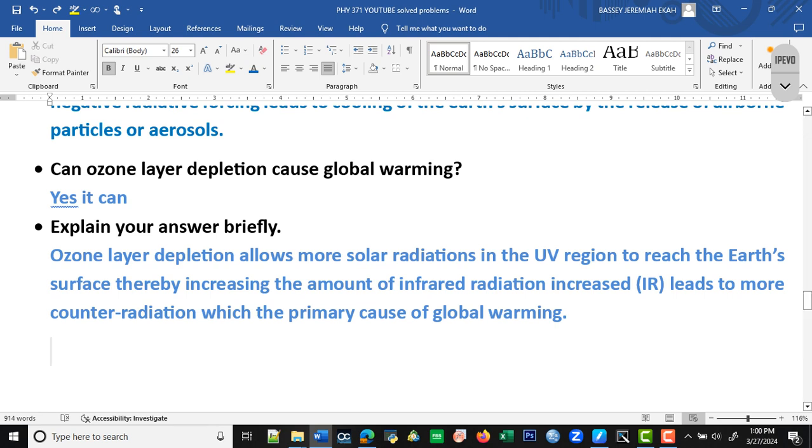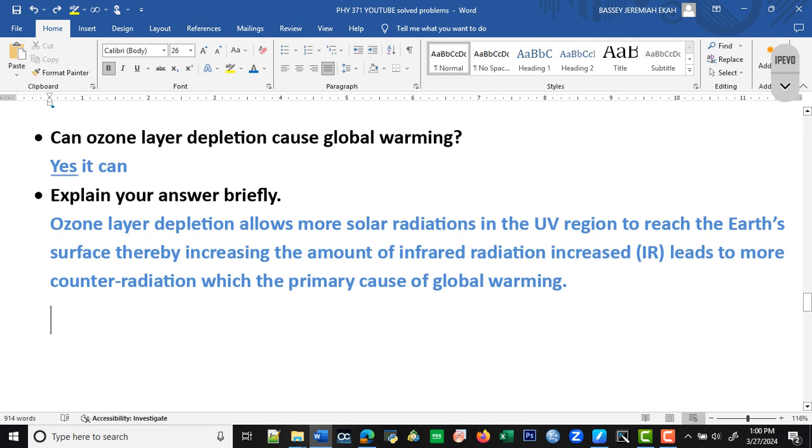So ozone layer depletion allows more UV rays to penetrate, and then it re-radiates in the form of infrared, and it is this infrared that we mean by the heating effect. Of course, this heating effect is being trapped by the greenhouse gases, which leads to global warming.